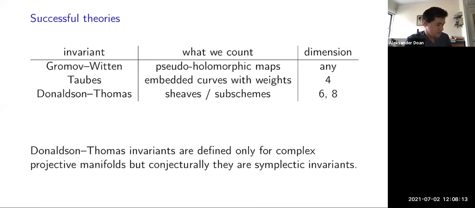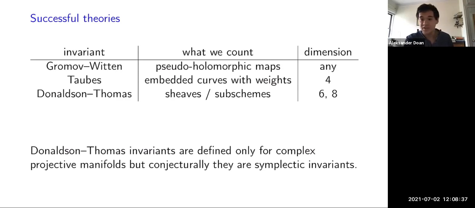Perhaps the most familiar one is the Gromov-Witten theory, in which you relax the notion of a J-holomorphic curve, and instead you look at parametrizations of such curves, so pseudo-holomorphic maps. And this is an invariant which in some sense counts such maps, and it's defined for a symplectic manifold of any dimension.